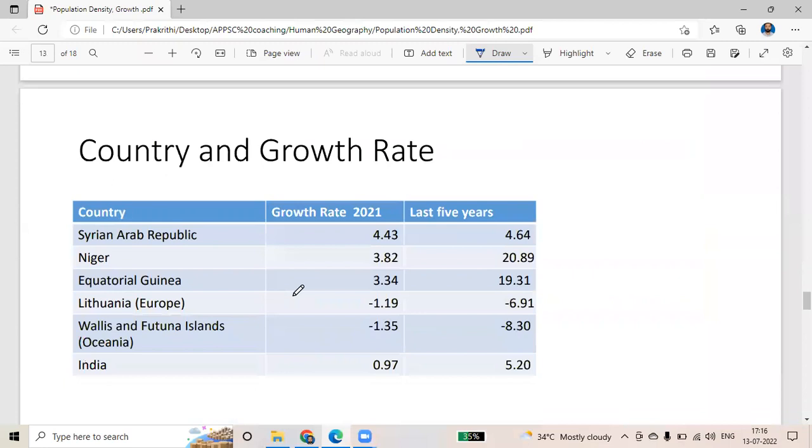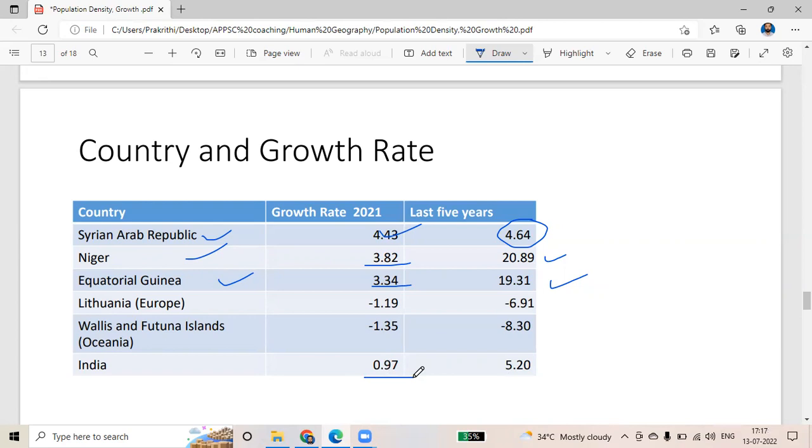If you look at this, you can see Syrian Arab Republic, Niger, Equatorial Guinea, all of these will come in Africa. This is 2021; in the last 5 years the Syrian Arab Republic's figure is lower, but taking the latest, this area is higher. But if you look at the other two, Niger is 3.82, Guinea is 3.34, but over 5 years it is 20.89 and 19.31%, which is that much higher. Coming back to our country, it is almost 0.97.